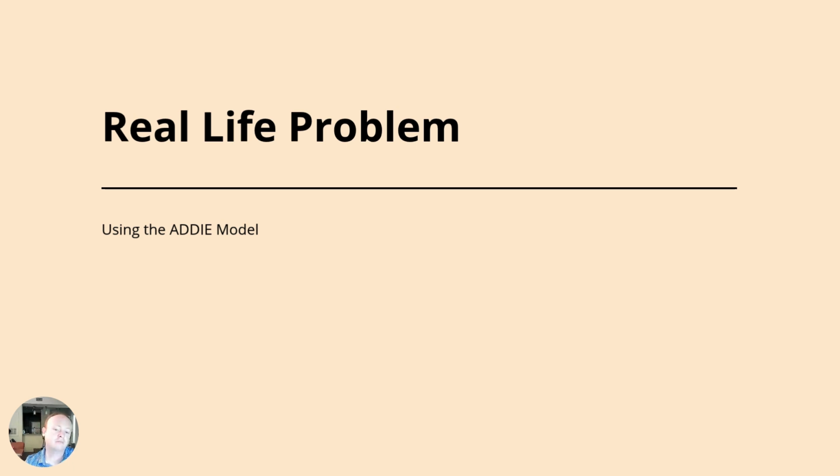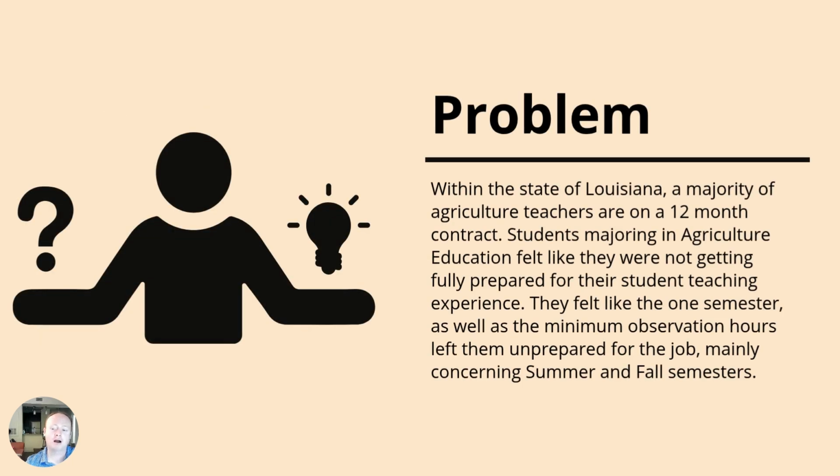The real life problem that I'm going to talk about today, we're going to talk about it in the ADDIE model. So the real life problem we started with, and remember I'm a graduate assistant: last year in the state of Louisiana, a majority of ag teachers are on what we call a 12-month contract, meaning they work during the summer.